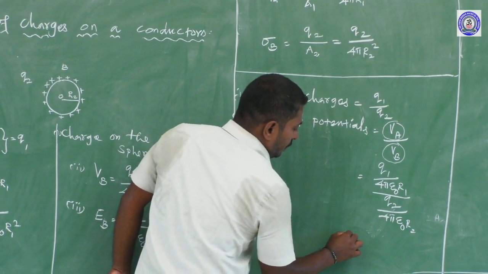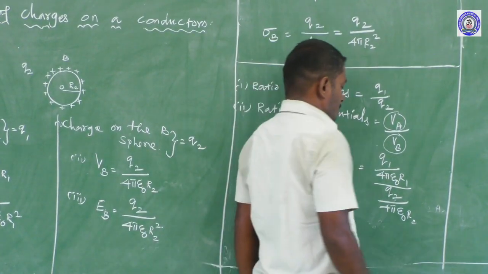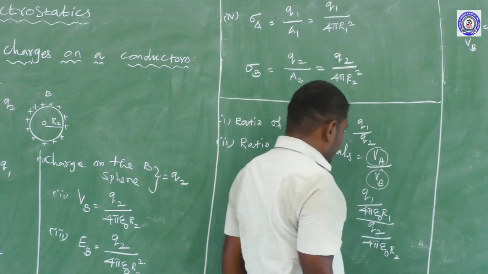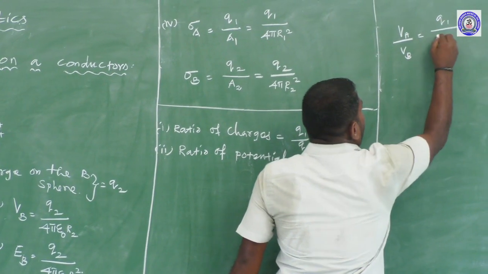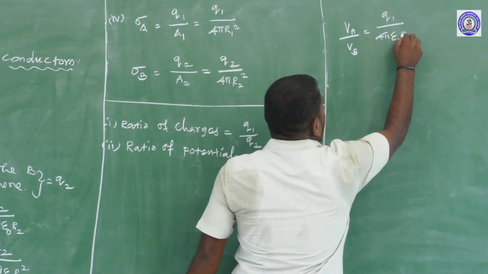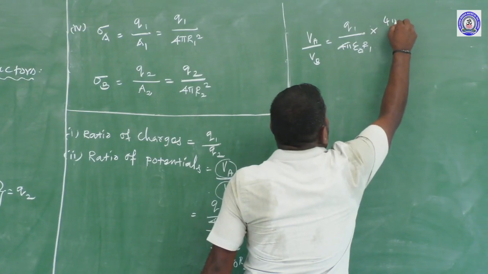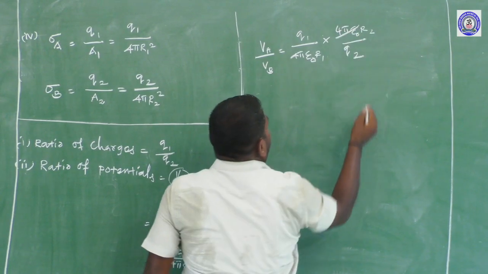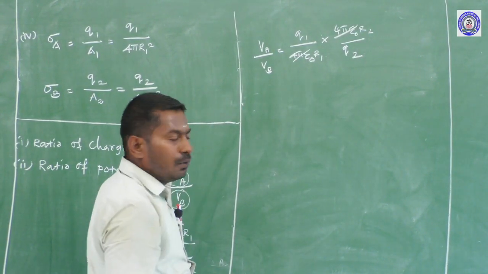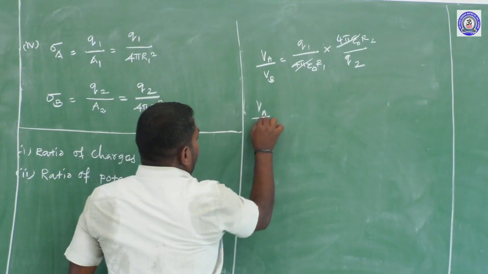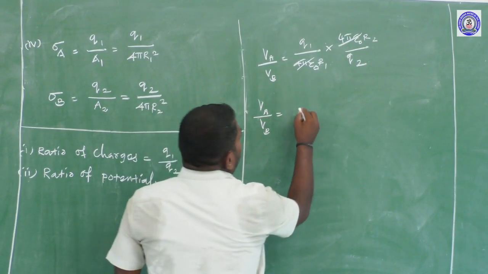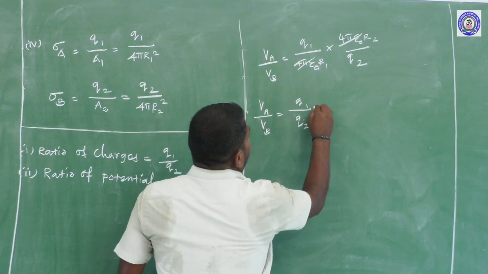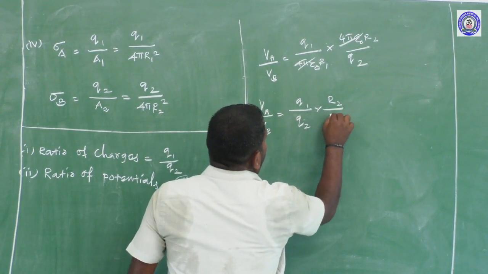So VA divided by VB is equal to Q1 divided by 4 pi epsilon naught R1 into 4 pi epsilon naught R2 divided by Q2. The 4 pi epsilon naught cancels out. Then VA divided by VB is equal to Q1 divided by Q2 into R2 divided by R1.